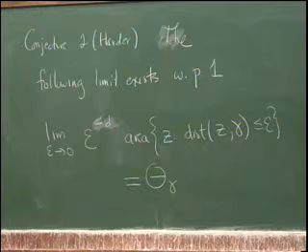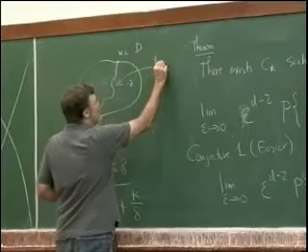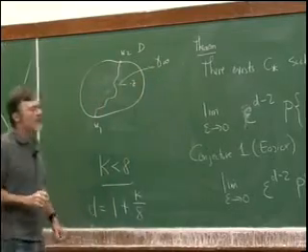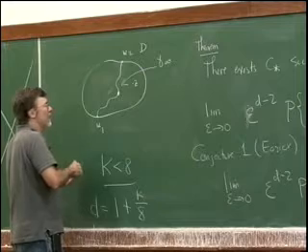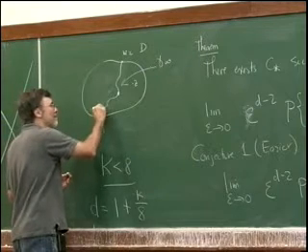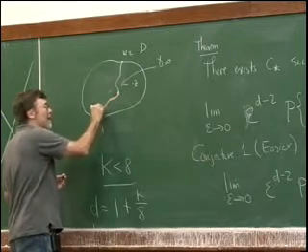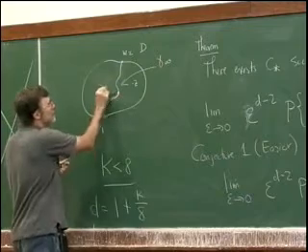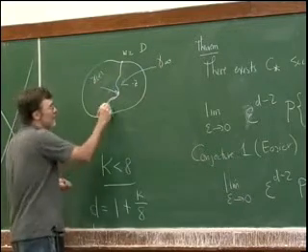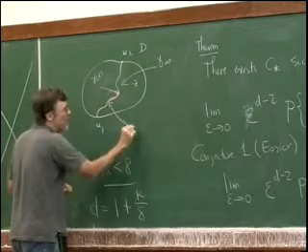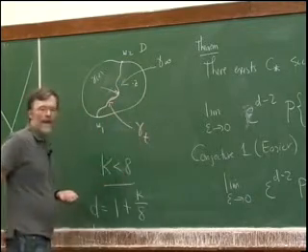And I might as well make a slightly stronger version of this. What I've been calling gamma, I'll think of as gamma infinity. But I can also think of the curve up to just some time t, and I'll call the curve gamma sub t.